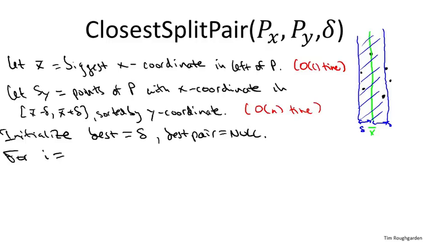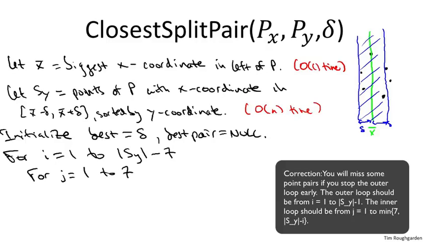Now here's the linear scan. We go through the points of Sy in order of y-coordinate. Well, not quite all the points of Sy. We stop at the 8th to last point, and you'll see why in a second. Then for each position i of the array Sy, we investigate the 7 subsequent points of this same array. So for j going from 1 to 7, we look at the ith and i plus jth entry of Sy.